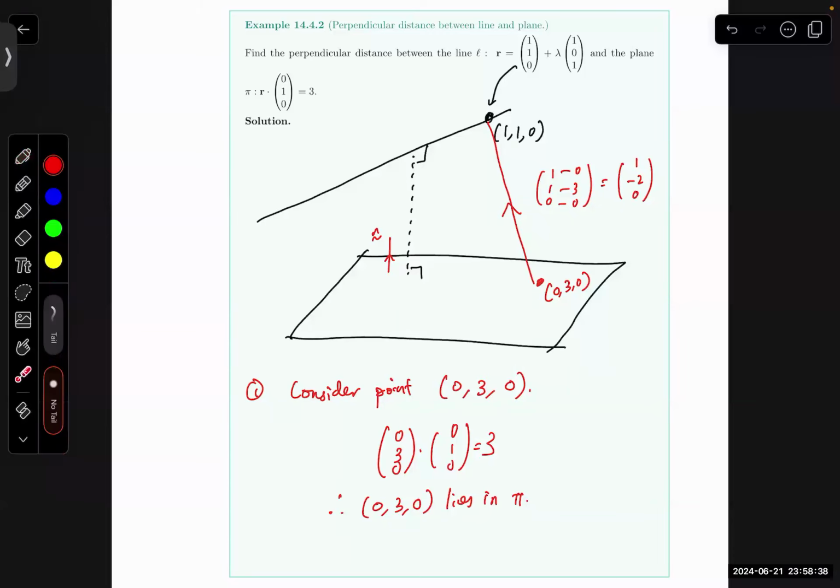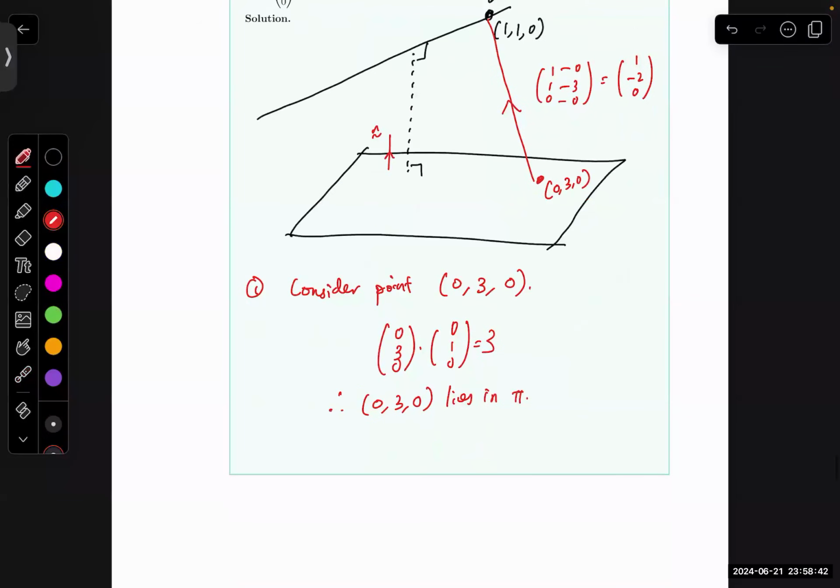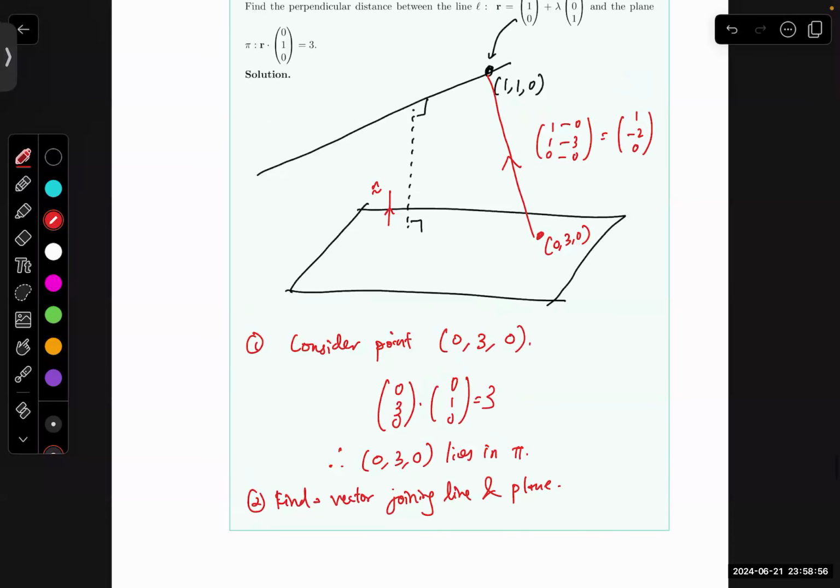I just want to join them with a vector. So the second step is really to find a vector joining line and plane. When I say join, I mean just that it takes you from the line to the plane or plane to the line. I'm going to now project this onto the direction of the normal vector.